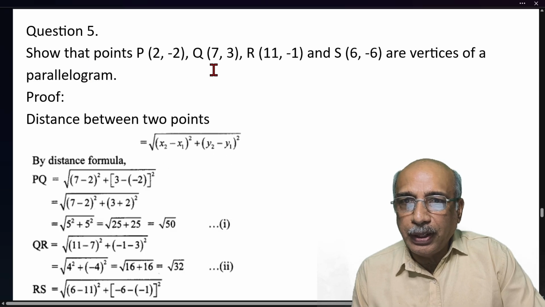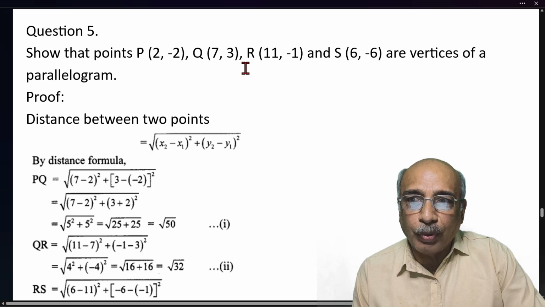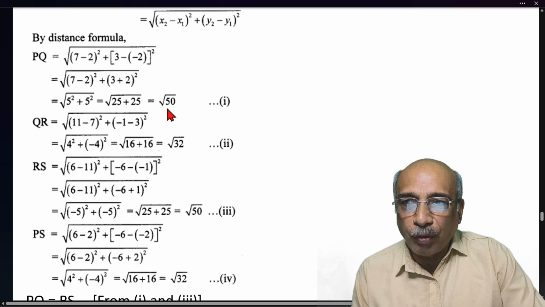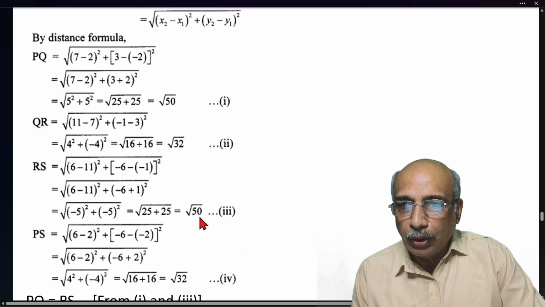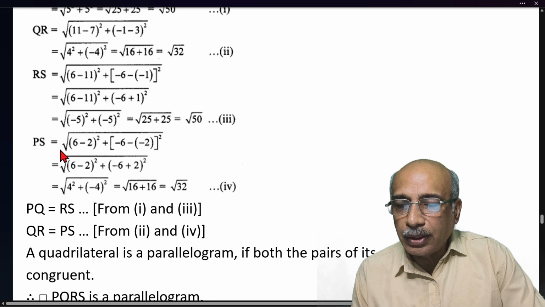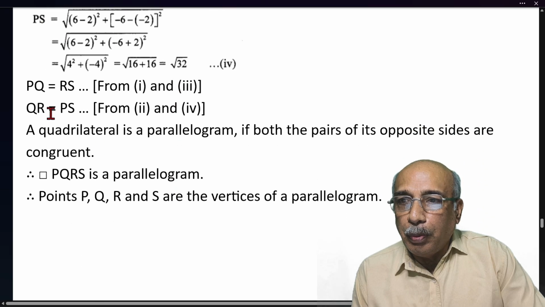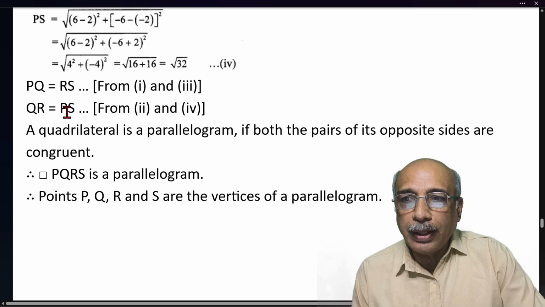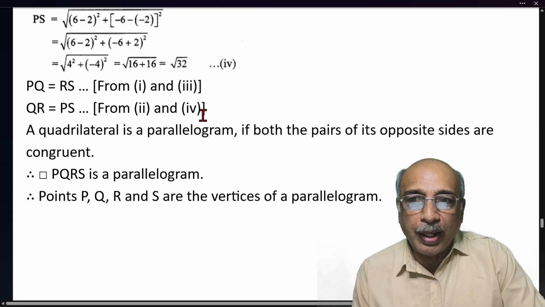Show that points P, Q, R and S are the vertices of a parallelogram. The method remains the same. Find the distance between all the points. So PQ equals root of 50, QR root 32, RS root 50, PS root 32. Now here you see PQ equals RS from 1 and 3, QR equals PS from 2 and 4.